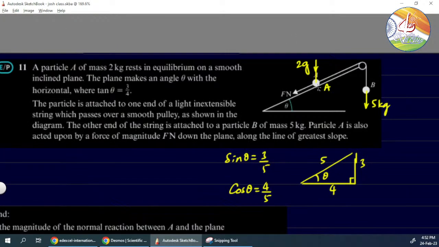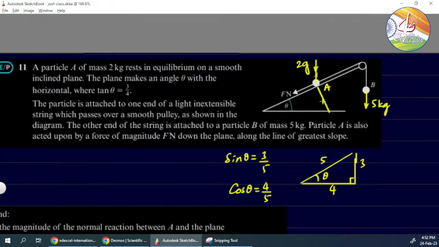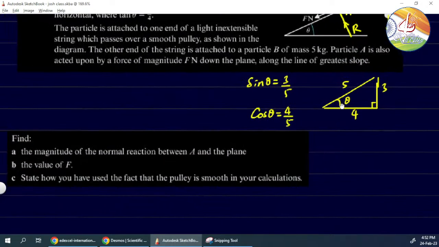Reaction means we'll get a force here, right? So let us call it reaction R. We have to find this reaction in the first bit. Then we have to find the value of F. Then state how you have used the fact that the pulley is smooth in your calculations.